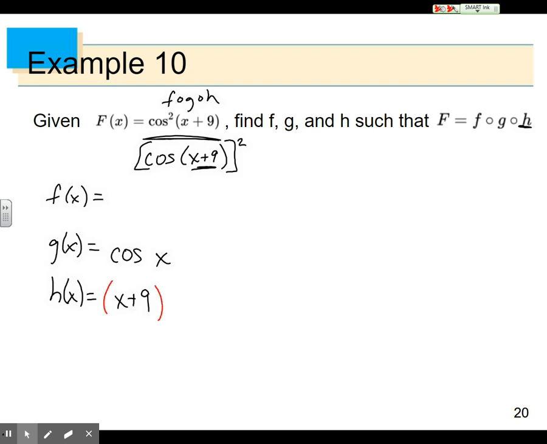Just imagine plugging that x plus 9 in for that x. I would have the inside part of this function. Lastly, the very last thing that we're doing is squaring our result, the square that's on the outside. So these three would be my basic functions broken down from this big composite function.